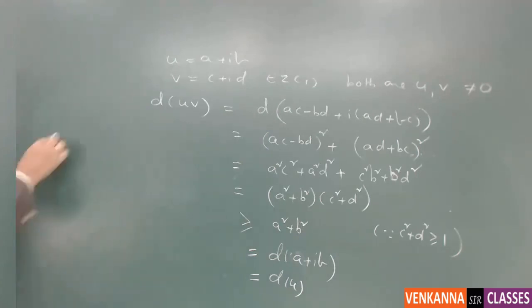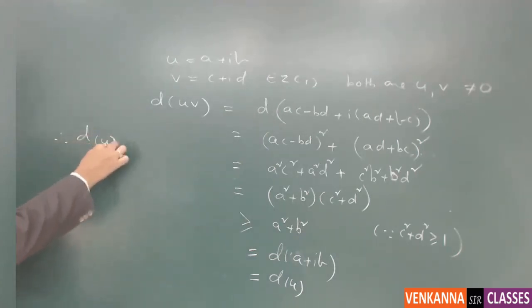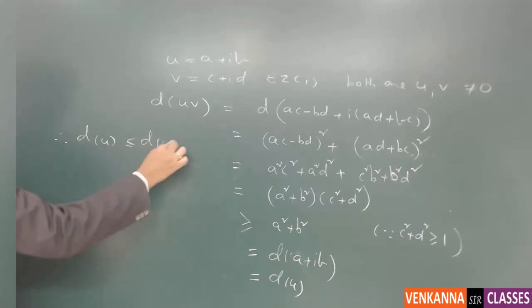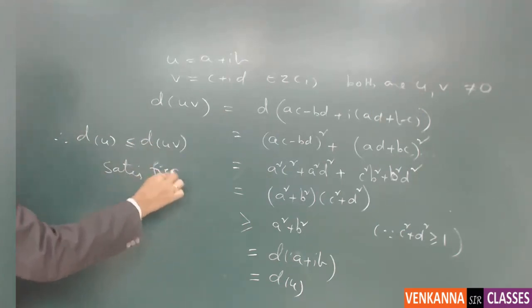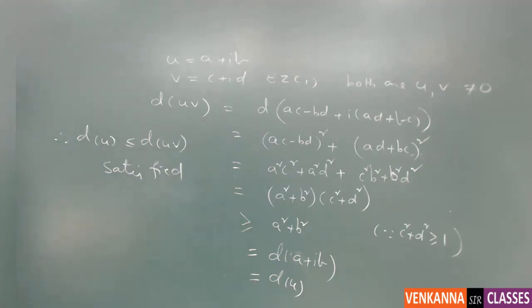So you can observe that the condition d of u less than or equal to d of uv is satisfied. Yes or no? So please take a note of this.